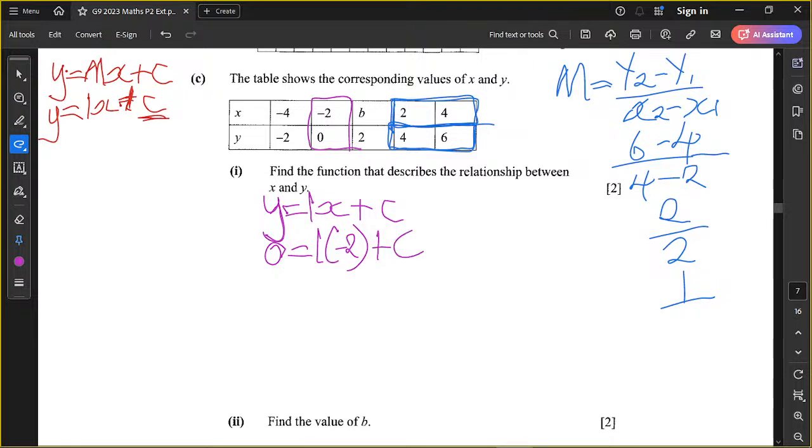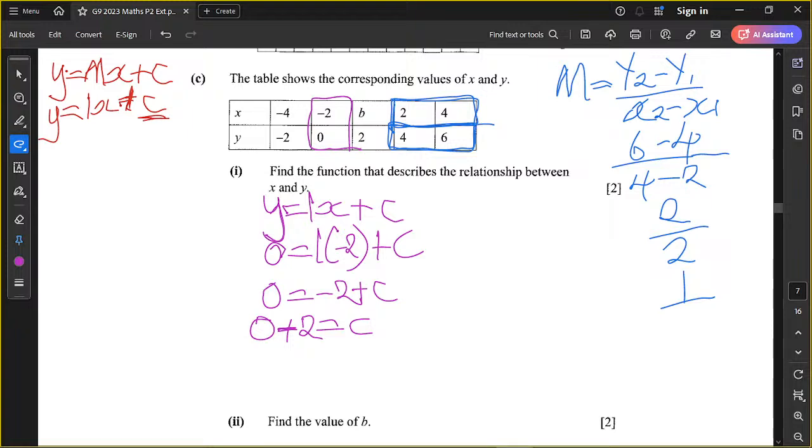Okay, so how do we do it? We say 0 is equal to 1 times -2 will give us -2 plus c. Then we put like terms together, then we say 0 plus 2 is equal to c.